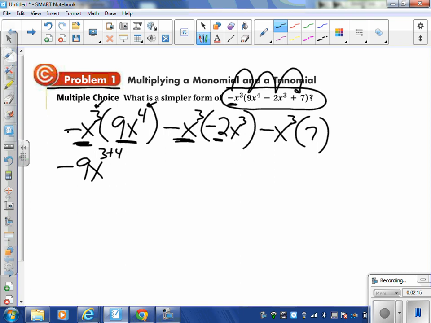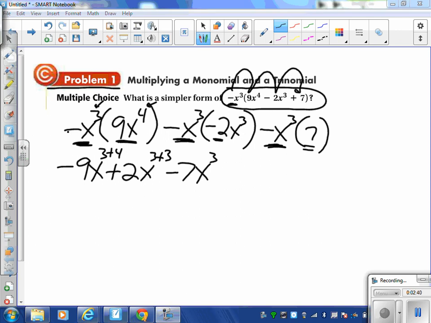And we're going to get a negative and negative is a positive 2x. And then we add the exponents. And then the last one, we have negative x to the third power times 7. And we have minus 7x to the third power.